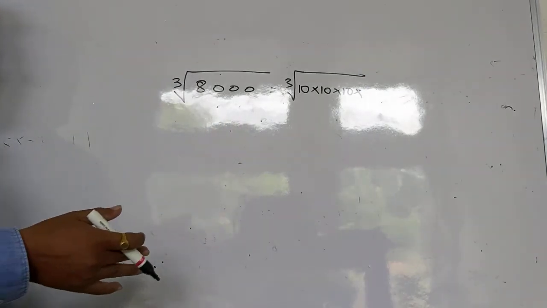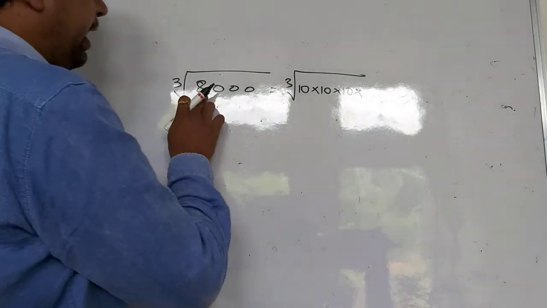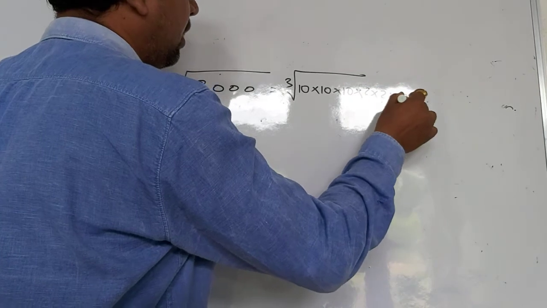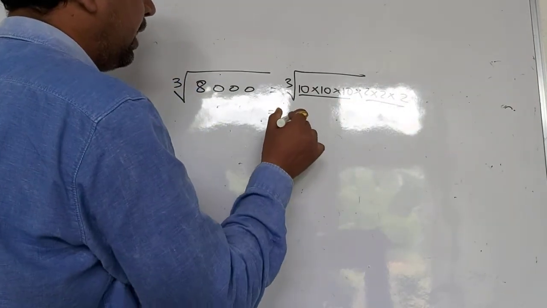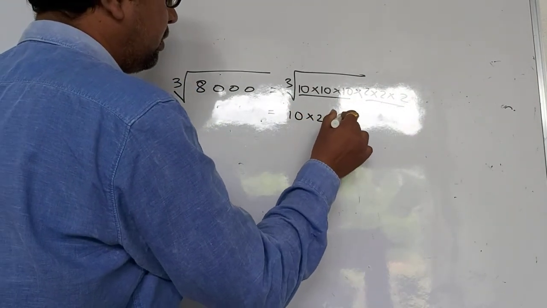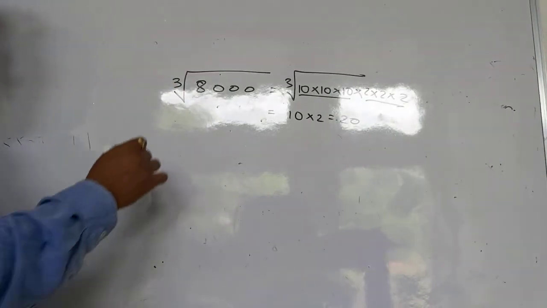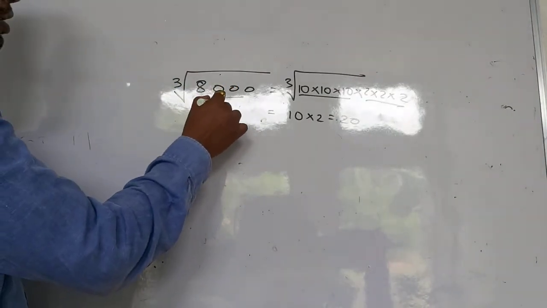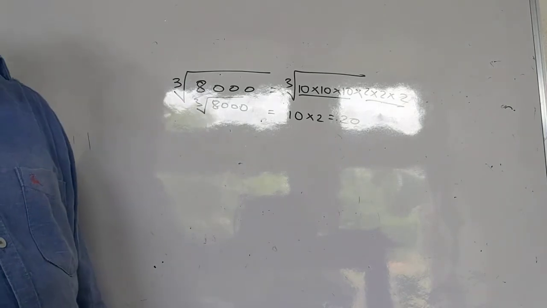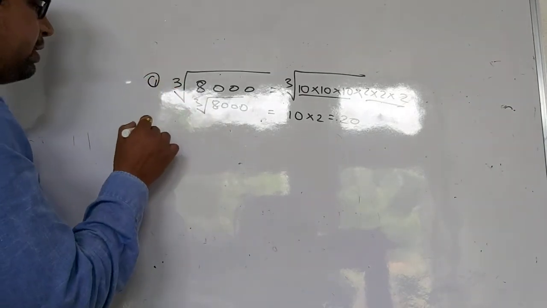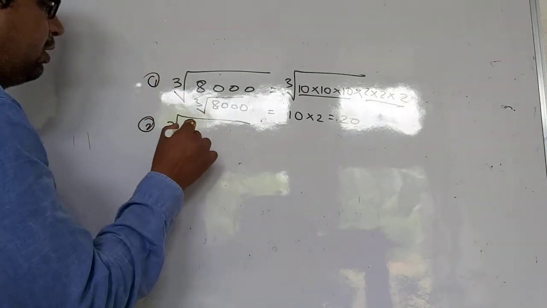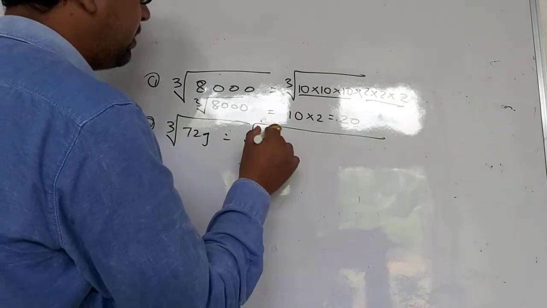As it is 1000, so 10 into 10 into 10 it will be, and 8 you can write as 2 into 2 into 2. Make 3 3's group and take it outside. So cube root of 8000 is 20. In the same way, second one, that is 729. You can find the factors.